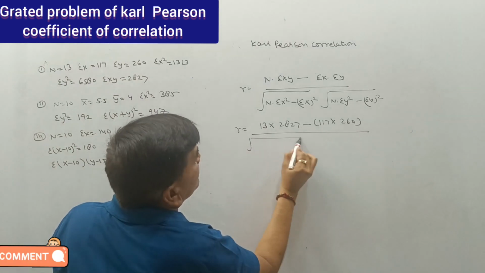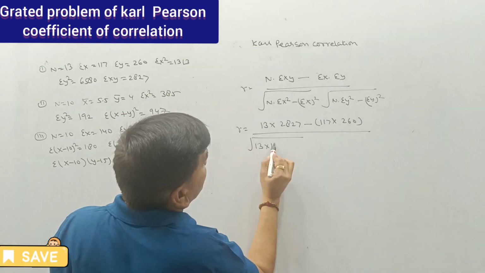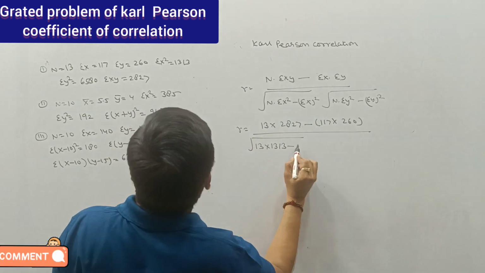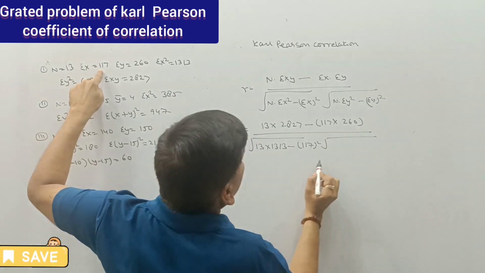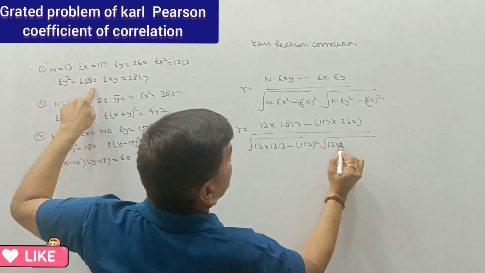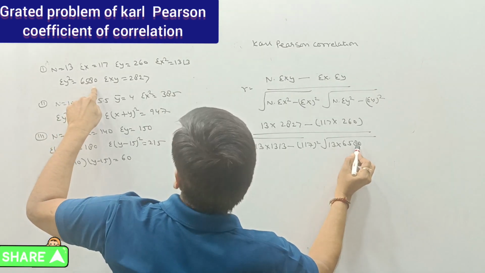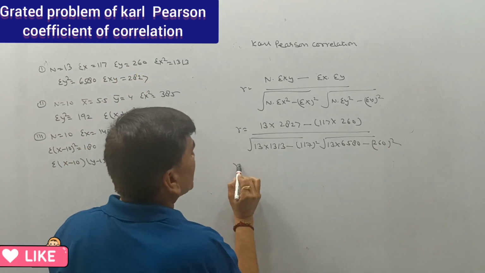Divided by, in the first under root, 13 times sigma x square, which is given 1313, minus 117 raised to power 2; in the second under root, n is equal to 13, sigma y square is given 6580, minus 260 raised to power 2. We just have to calculate this.